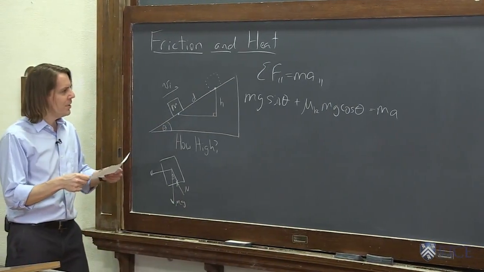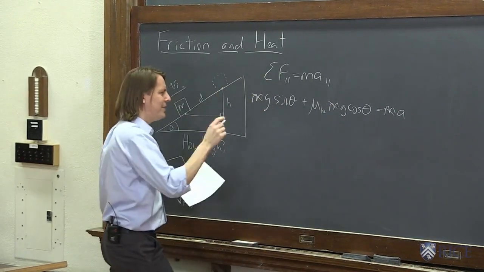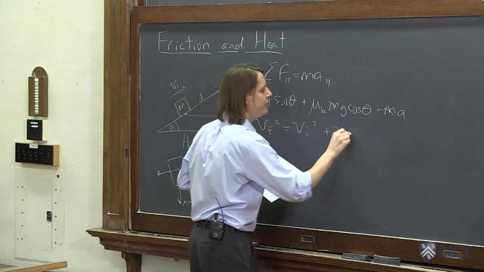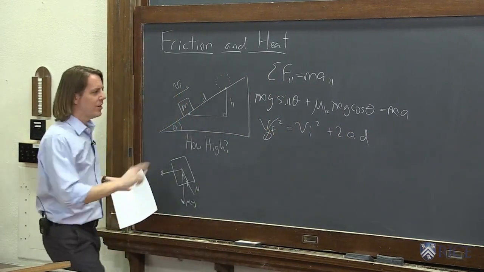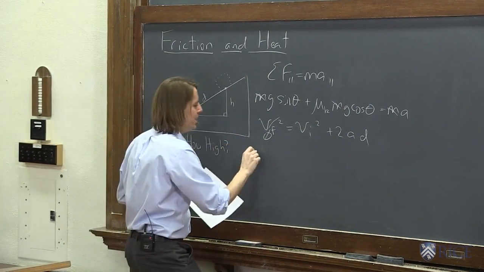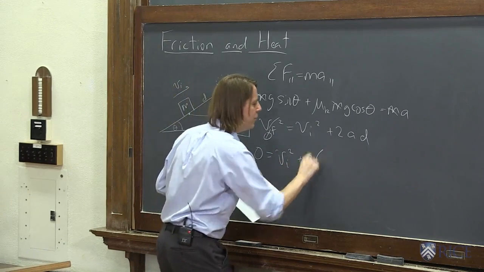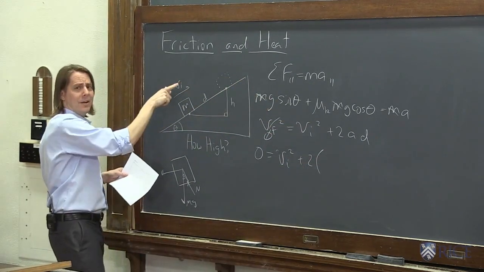All right, so now we're going to take this acceleration, and I can cancel the masses, and we're going to put that in v final squared equals v initial squared plus 2ad. Of course, we know that v final squared is 0 because it came to rest. The initial squared is vi squared. So we have 0 equals vi squared plus 2 times the acceleration, but it's negative because it's accelerating down, and I define up as positive.